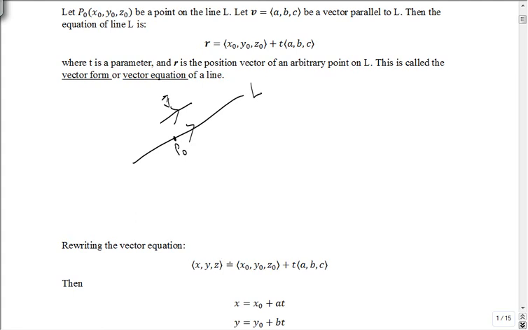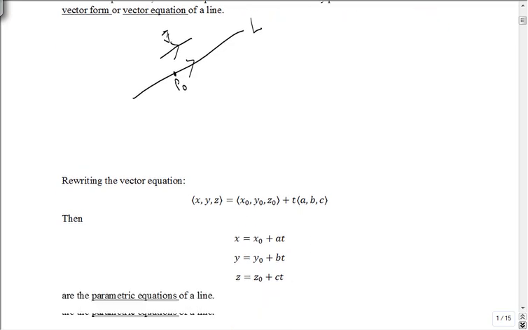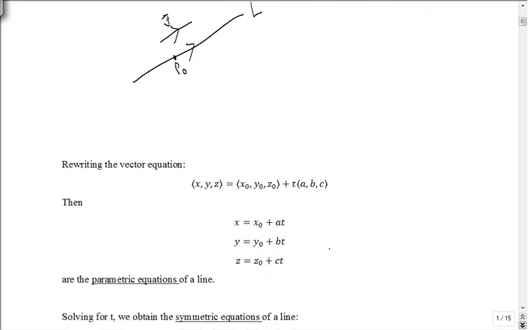We substitute R with x, y, z and write out the three equations for the corresponding elements. So x equals x0 plus at, y equals y0 plus bt, z equals z0 plus ct. These are called the parametric equations. Note, with the parametric equations, the coefficients of t form the components of the direction vector.